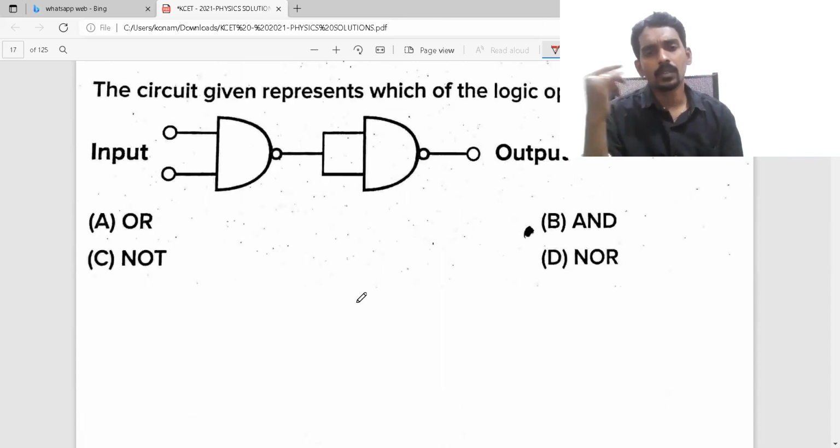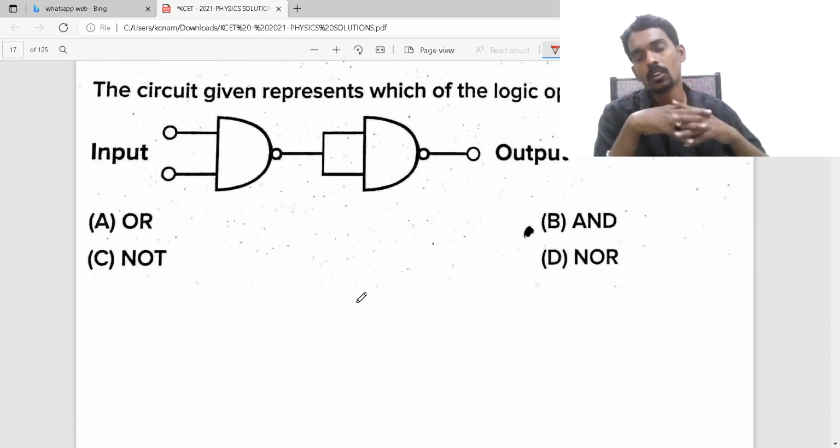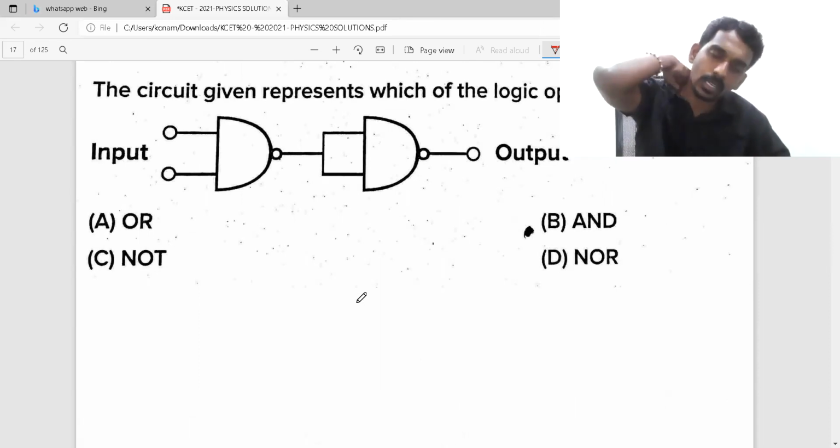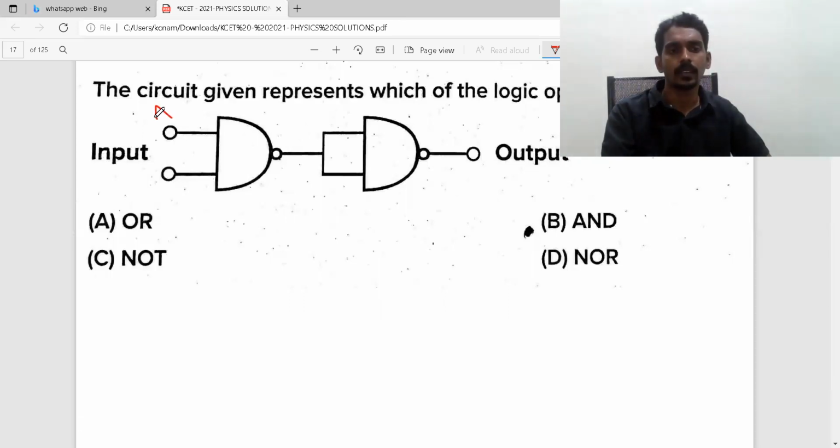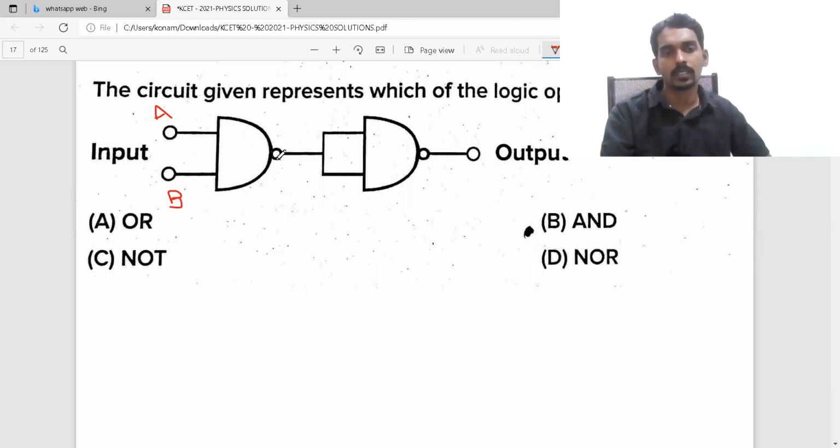Now, this is a simple question, because I used to tell you that simple questions on gates will come, a combination of gates or a truth table, whatever it is. Here, you take the inputs A and B. The dot here represents a NOT gate.